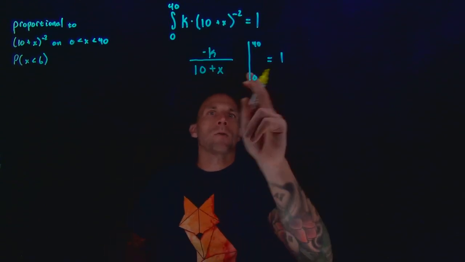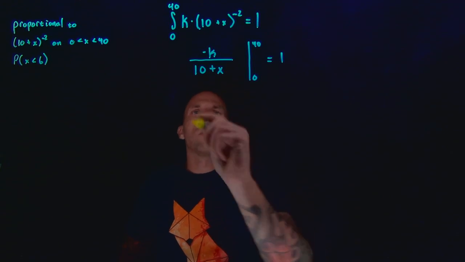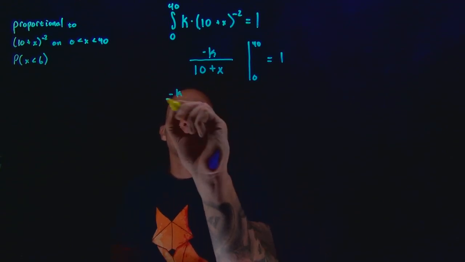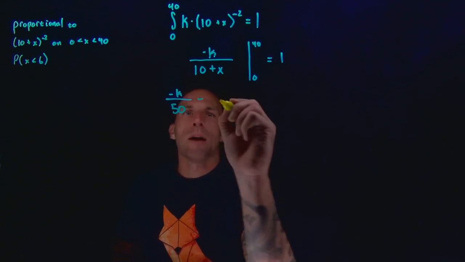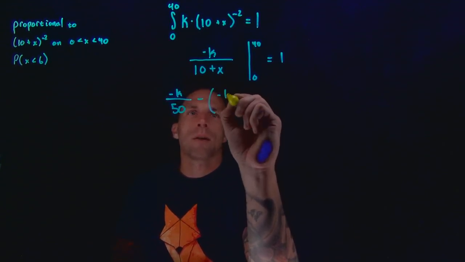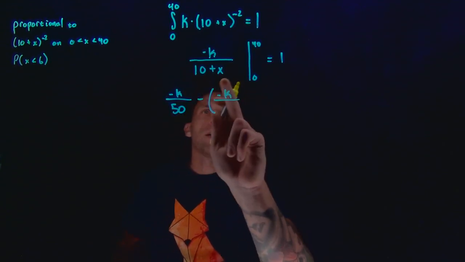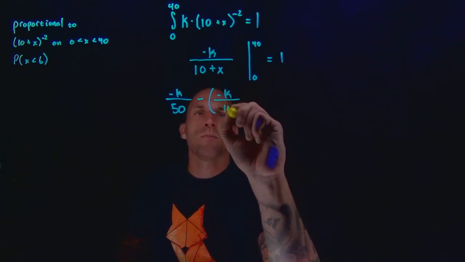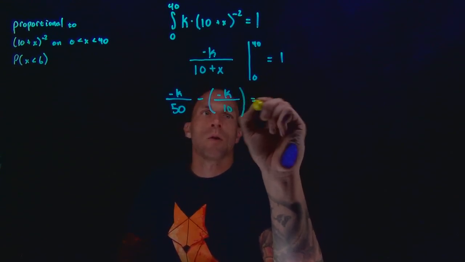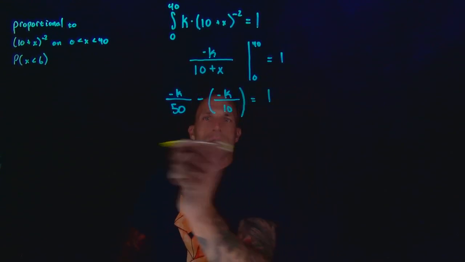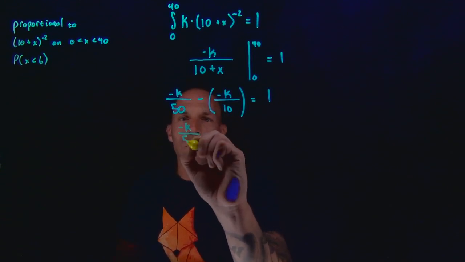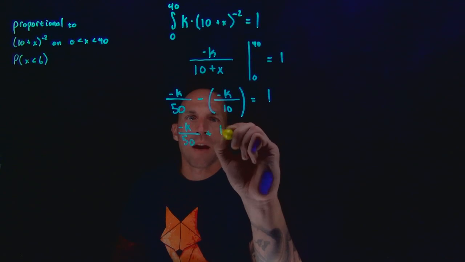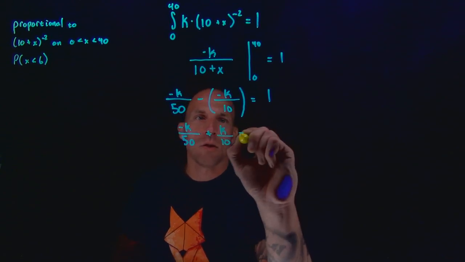Now we evaluate the integral, subbing in 40 for x. 10 plus 40 is 50, minus negative k in the numerator again. 10 plus 0 is 10, equals 1. Simplifying here, we have negative k over 50 plus k over 10 is equal to 1.